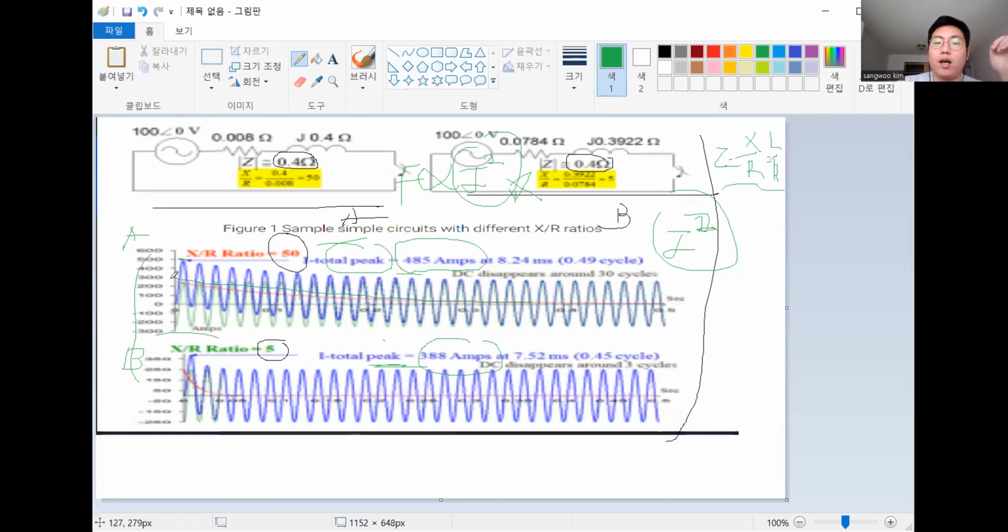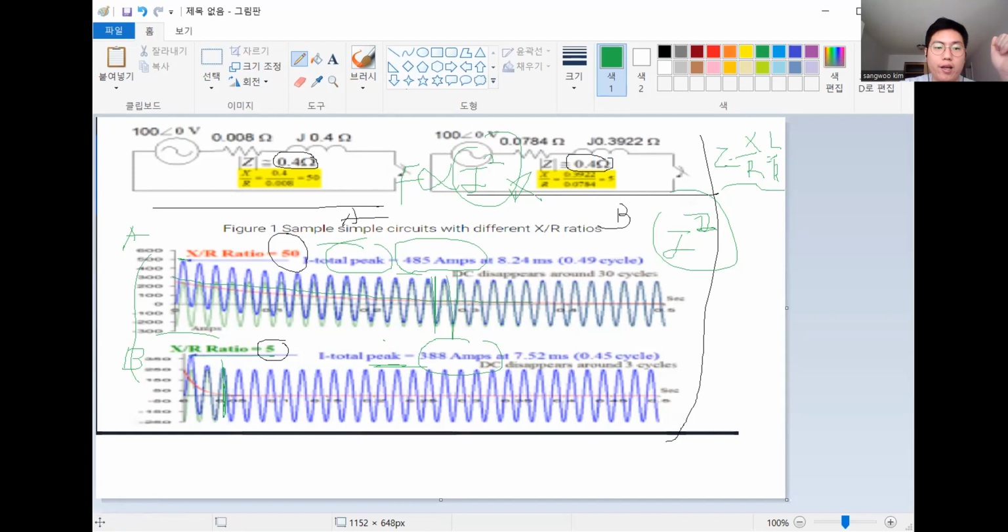As I explained, when the R/X ratio is bigger, the result is more asymmetric waveforms. Here, the asymmetric waveforms last until here, but here, where the R/X ratio is lower, it is only a short part, right?